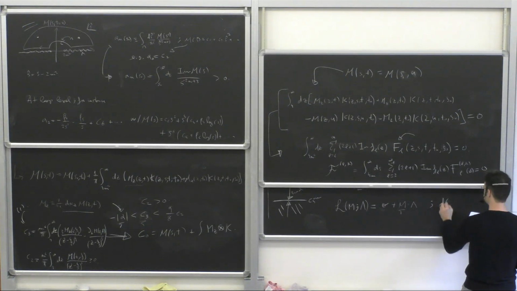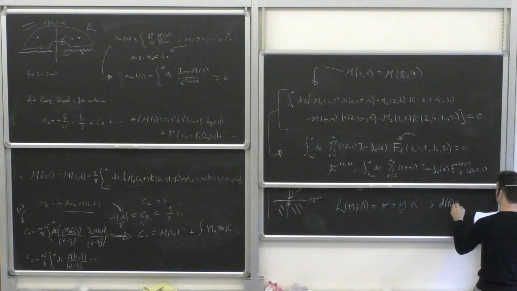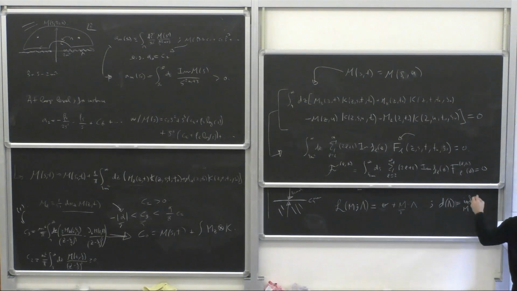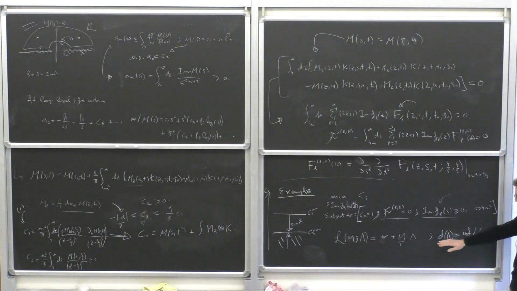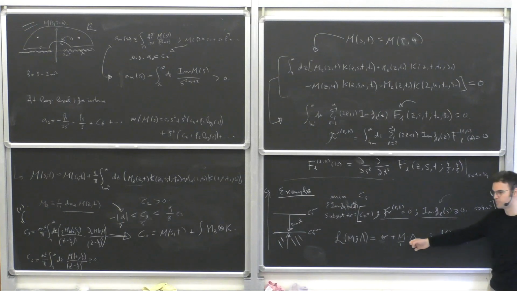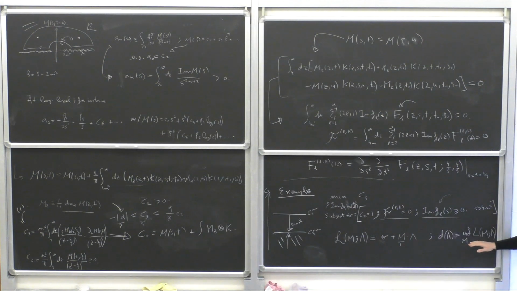Let me define it here. d of lambda is equal to the infimum of the Lagrangian. This is the definition. I define the dual functional, which depends now on the Lagrange multipliers, by extremizing over the variables m.